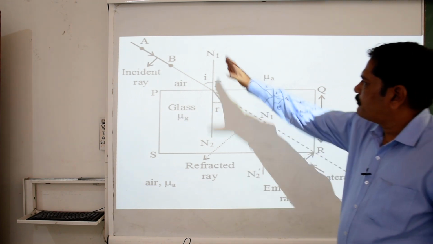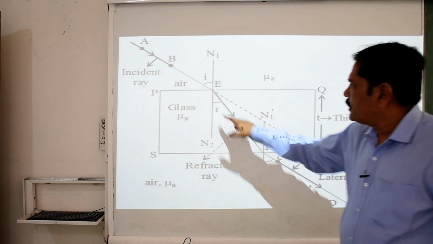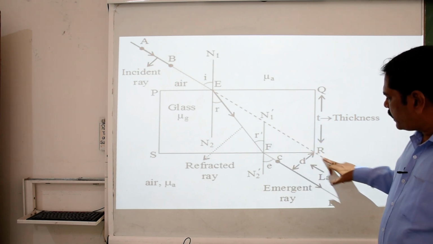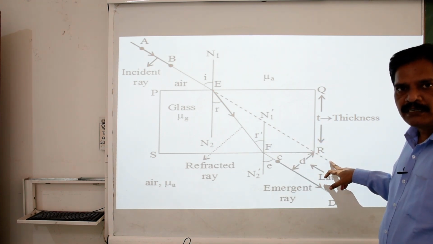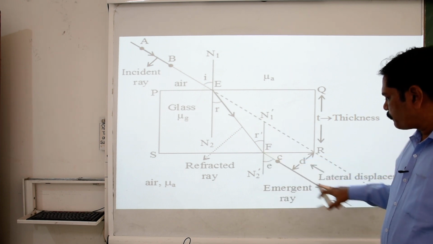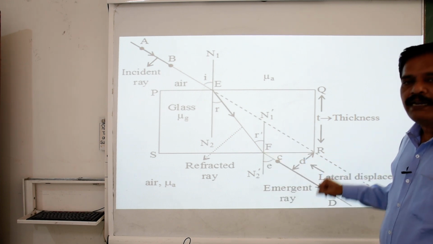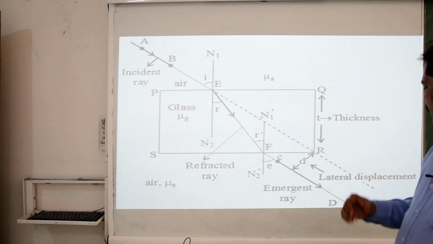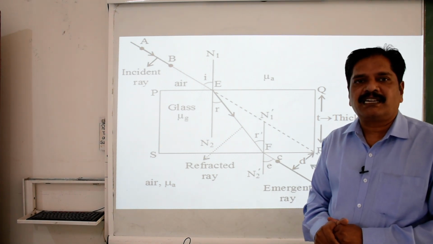This is the first normal, this is the second normal, and this is the actual path of the light ray. But what you observe is this bending, and this much distance is called the lateral displacement of the light ray. Clear?